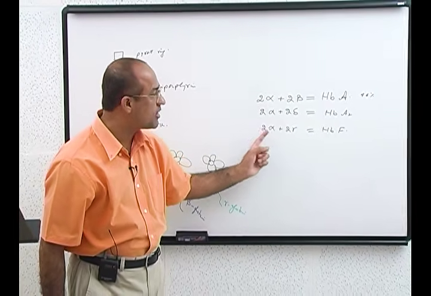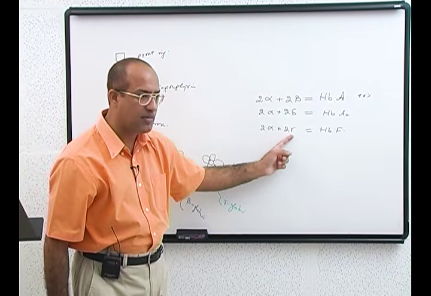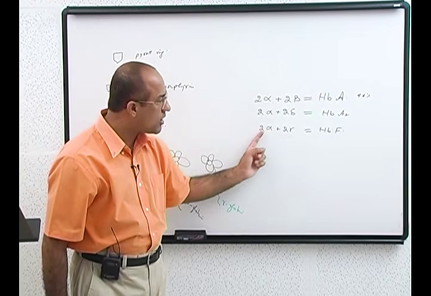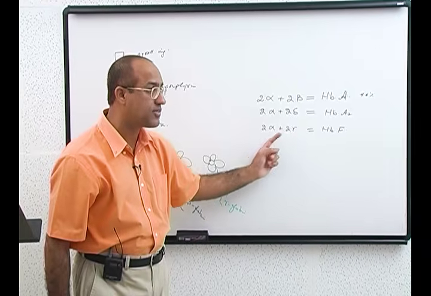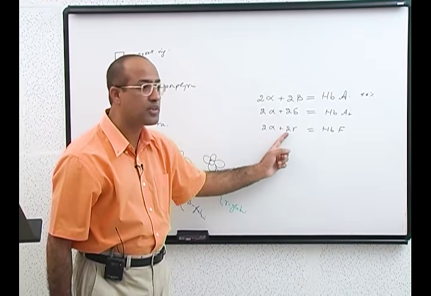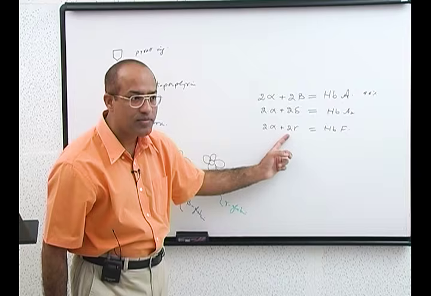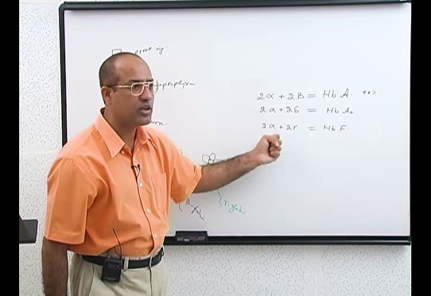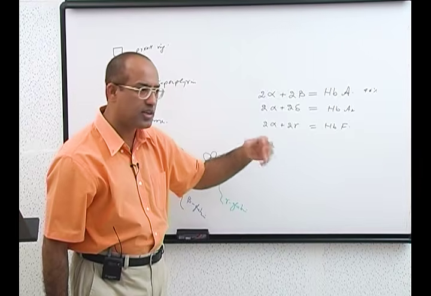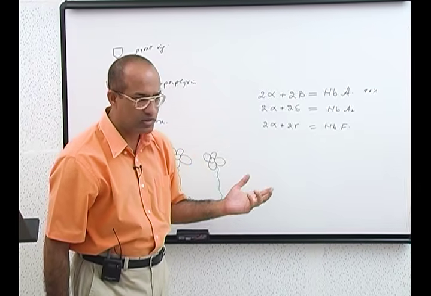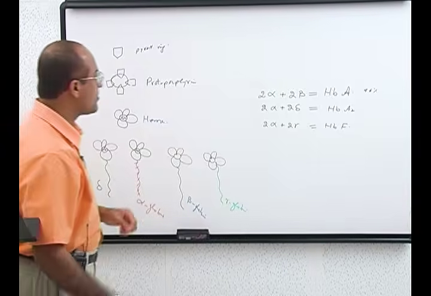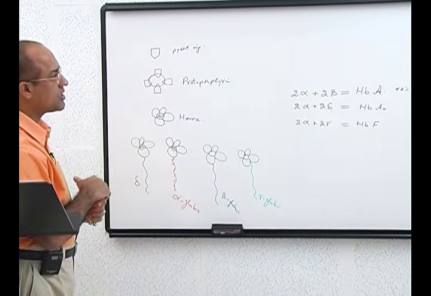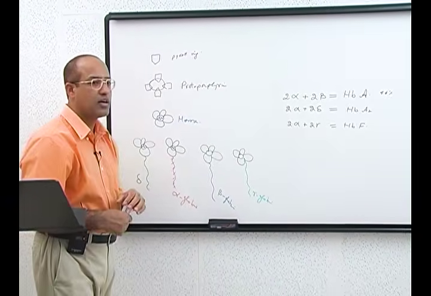So in the fetus, hemoglobin is 2 alpha 2 gamma. Why does this hemoglobin have an advantage for the fetus? Because this hemoglobin has stronger affinity for what? Oxygen. So it can pull the oxygen from the circulation of the mother to the fetal circulation. Is that right?